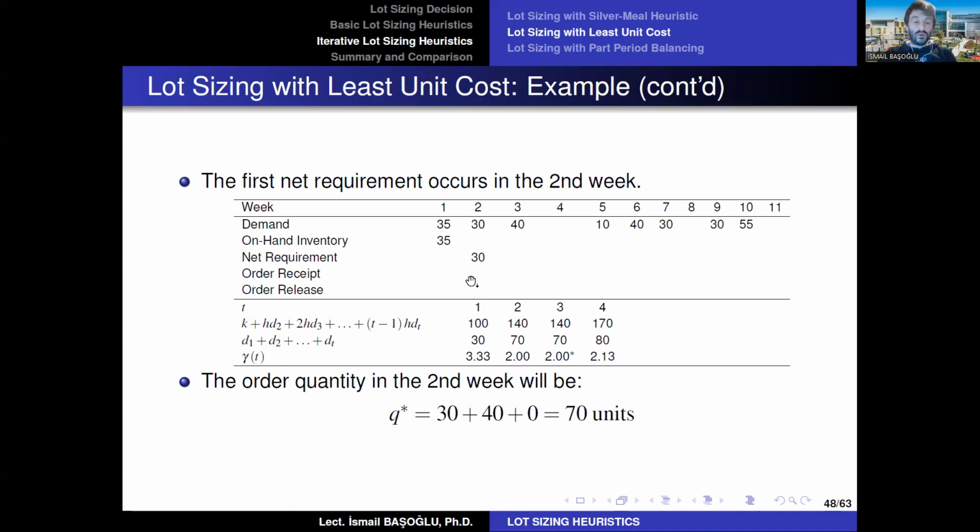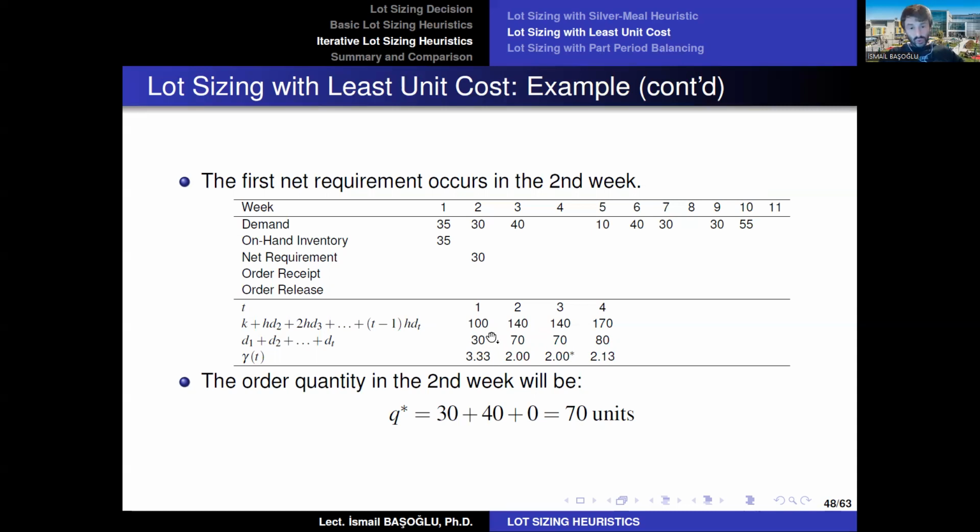So if my order spans this period's demand only, then I'm just going to pay K, $100, and it will only meet the demand of this period, which is 30 units. So average cost per unit of demand is 100 divided by 30, which is 3.33.